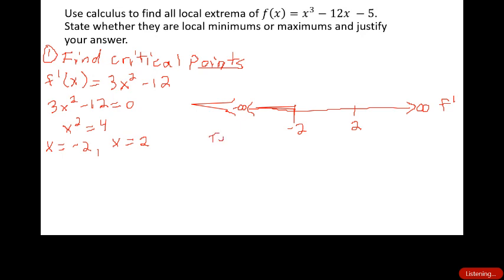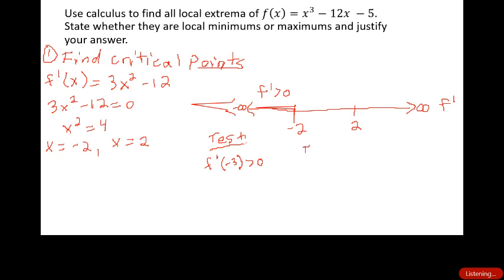So let's pick a test point less than negative 2, let's say negative 3, and plug negative 3 into the first derivative. We get 3 times negative 3 squared minus 12, which is a positive number. Since the test point came out positive, that means the first derivative is positive on this entire interval.